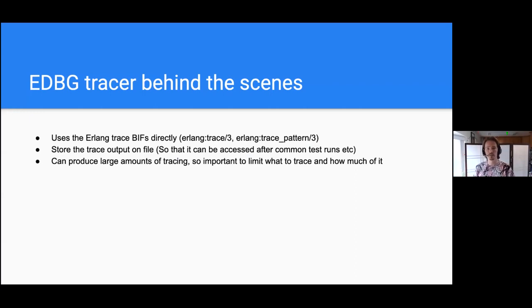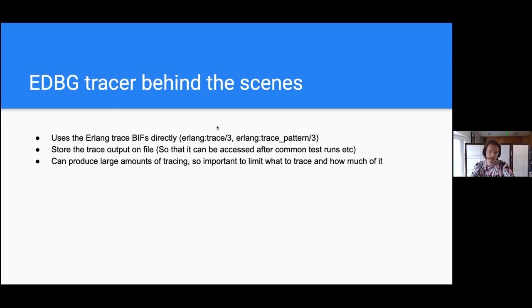Behind the scenes, it uses the trace pattern built-in BIFs directly. So nothing really magical. There are older versions of the APIs which use the dbg Erlang module, but the three functions that I showed you use trace and trace pattern directly.